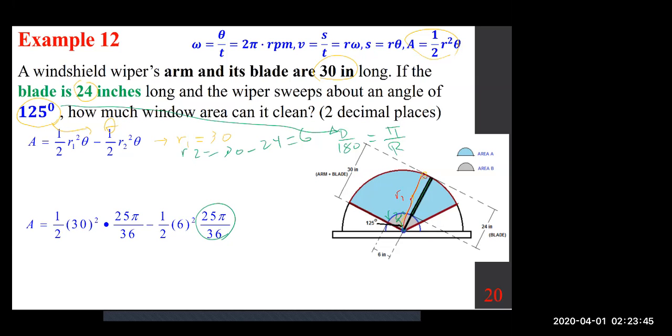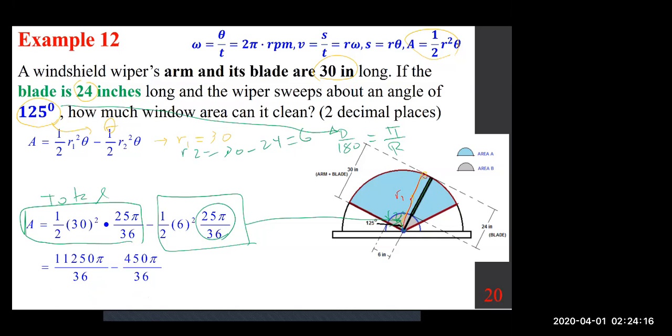It results in 25 pi over 36. So we can calculate this, and subtract from it the gray area. This is the total area, class. Total. And this is the one in gray. This portion. And so the difference, this is exact.